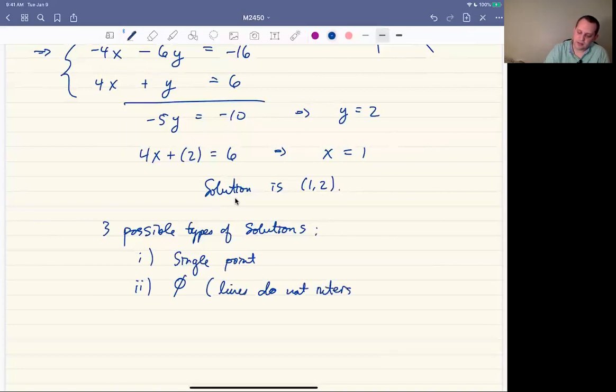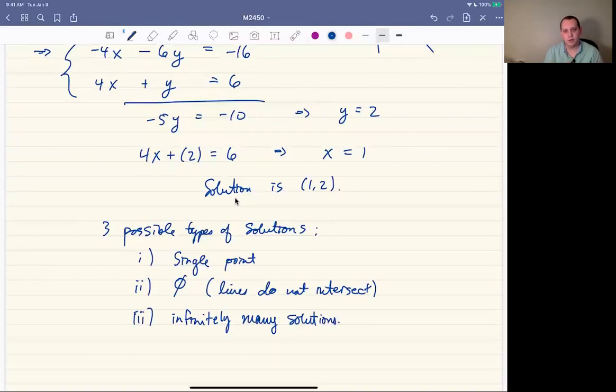And then there's also the occasion where the 2 lines overlap completely and there's infinitely many solutions. Okay, so infinitely many solutions. And that fact is going to be actually more important than we may realize right now. And we'll revisit this and things like this as we go along. Okay, so that's all I want to say about that one.